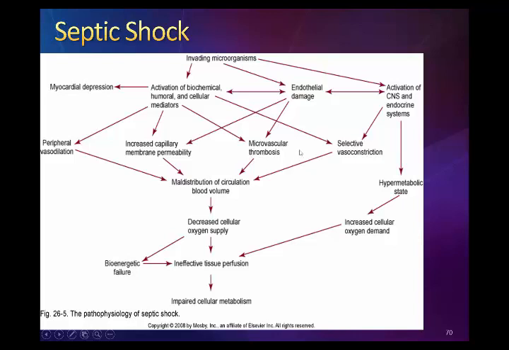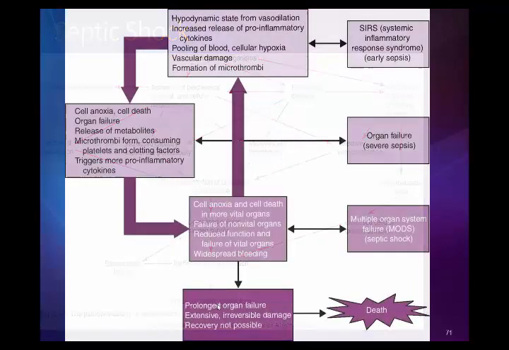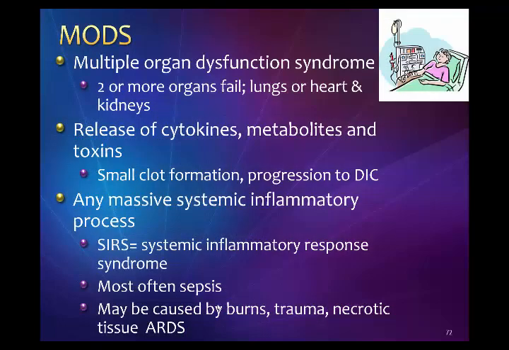Here's our microthrombi, increased capillary permeability, peripheral vasodilatation, some selective vasoconstriction, and then it's just going to maldistribute the blood in areas that it's not needed. And then you're going to have ineffective tissue perfusion, impaired cellular metabolism. Just another view of that. So I put them in. Some are helpful, some are not.